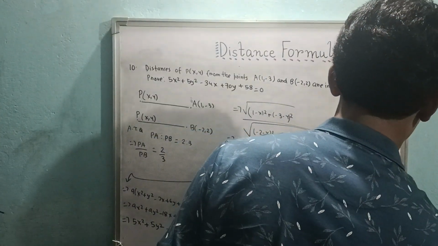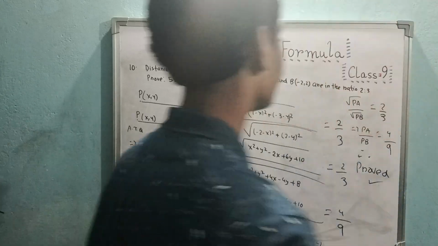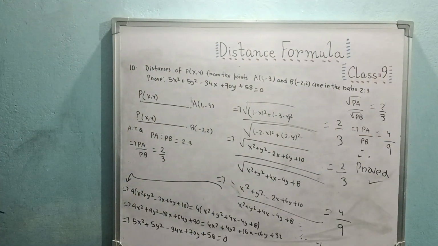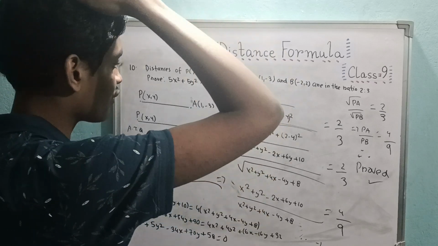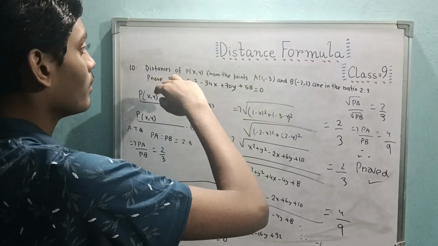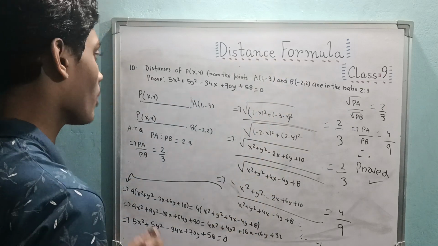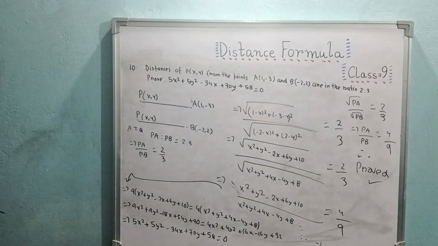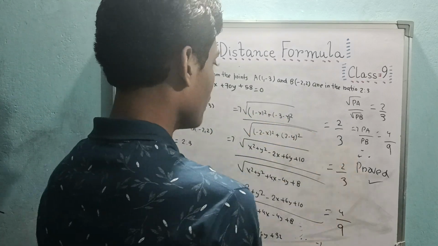Therefore proved. So it was an easy proof, right? The distances of P from A and B were in the ratio 2:3, or PA is to PB equal to 2:3, or PA by PB equal to 2 by 3. PA's equation is this, PB's equation is this, equal to 2 by 3.